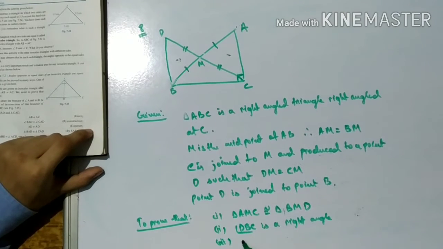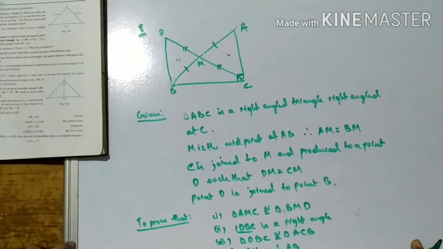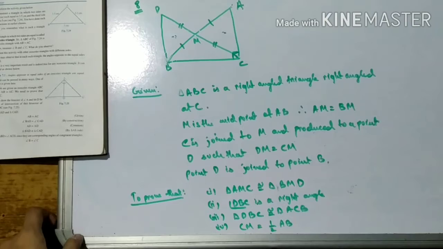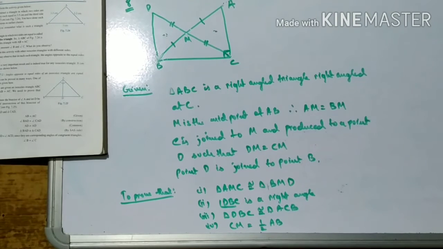Number 3, triangle DBC is congruent to triangle ACB, and number 4, CM is equal to half AB. These things I will have to prove. Okay, so now I will start the proof. First of all, I will prove the first one.